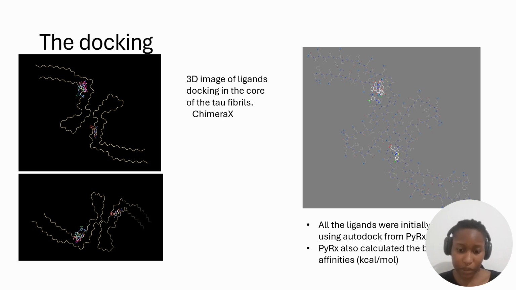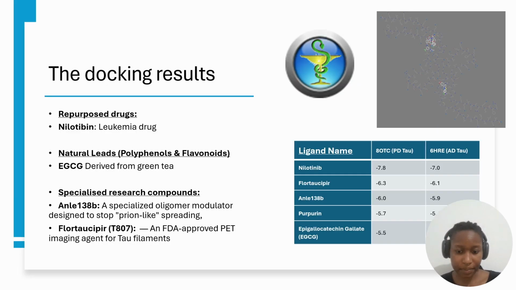Now here are pictures of the docking with PyRx and with Chimera. You can also see that the ligands bind around the cleft of the protein. So these are the results with both proteins, and they're not really that great.